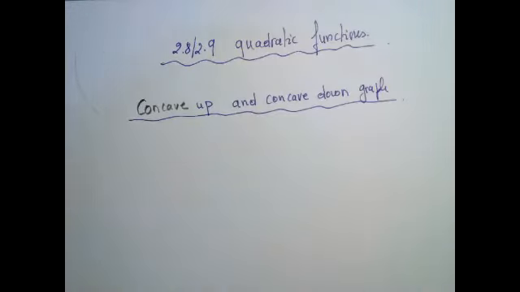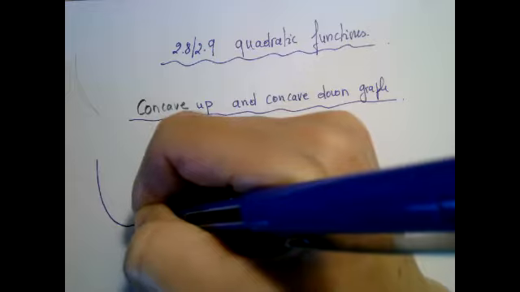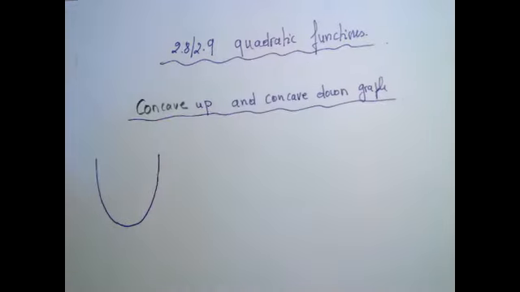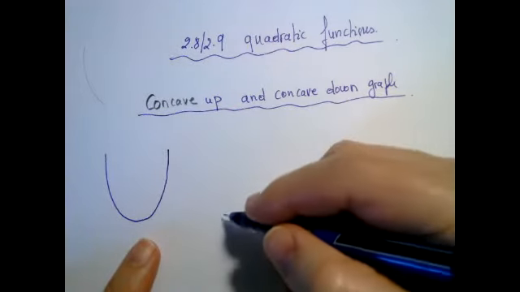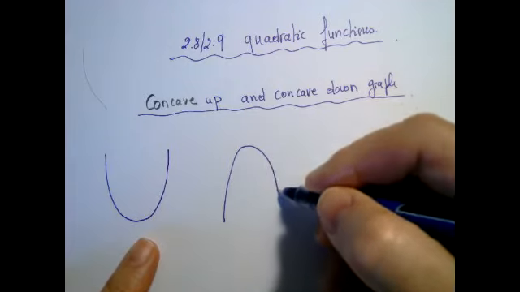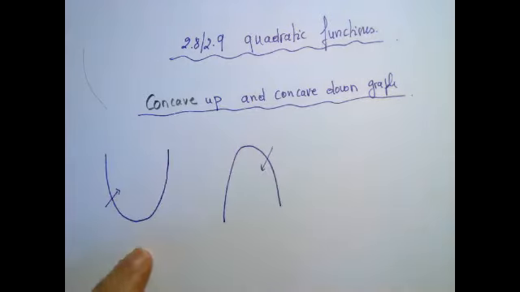Now, when a graph curves, it can curve two ways. It can curve and the curvature is upward, like this. Or it can curve downward.